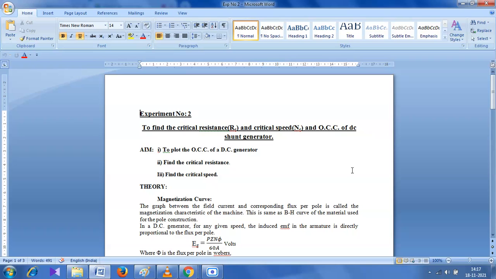After that we have to find out the critical resistance and the critical speed.